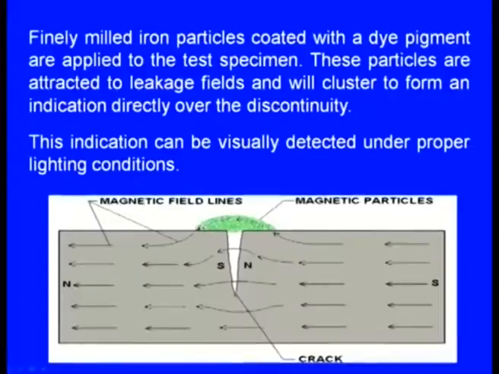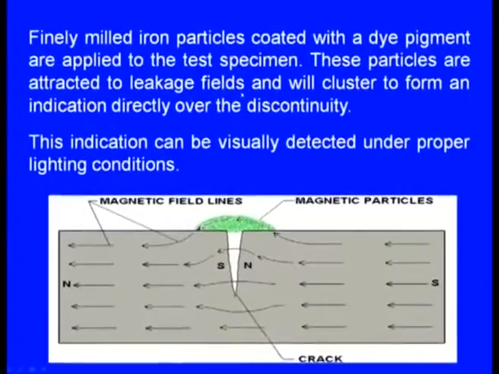Then what we will do? Finely milled iron particles coated with dye pigment are applied to the test specimen. Now, these particles are attracted to leakage fields and will cluster to form an indication directly over the discontinuity. So, when we sprinkle finely milled iron particles over the cast component or the specimen, no doubt here is the south pole and here is the north pole, and over the poles there will be more attraction of this iron powder.